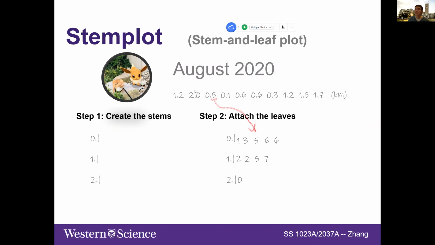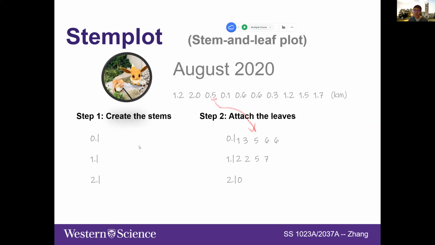For example, if you are dealing with integers, then we could have two-digit integers like 12, 20, and 5, 1, 4, or 6, 6, 3. In that case, the stem will be the tens digit, and our leaves will be the digits after our stems.